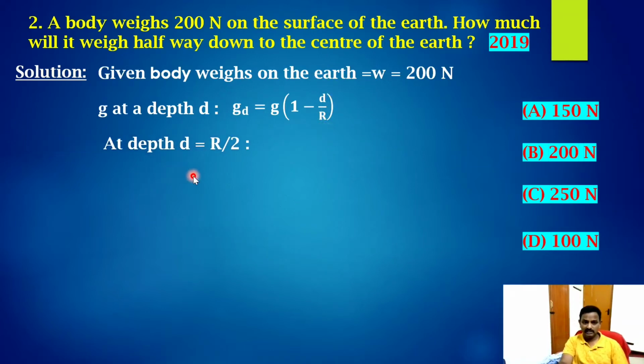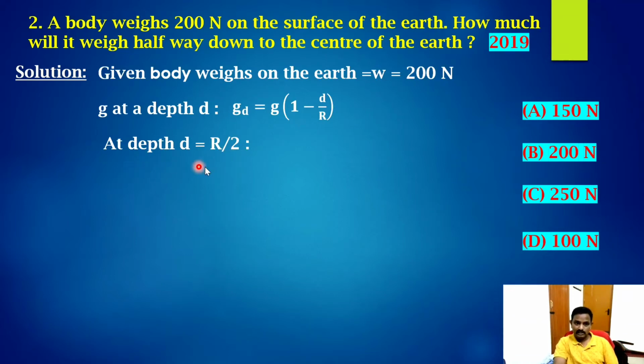So at depth d, they have given how much will it weigh halfway down to the center of the earth. That means halfway down to the center of the earth means d will be equal to R by 2.